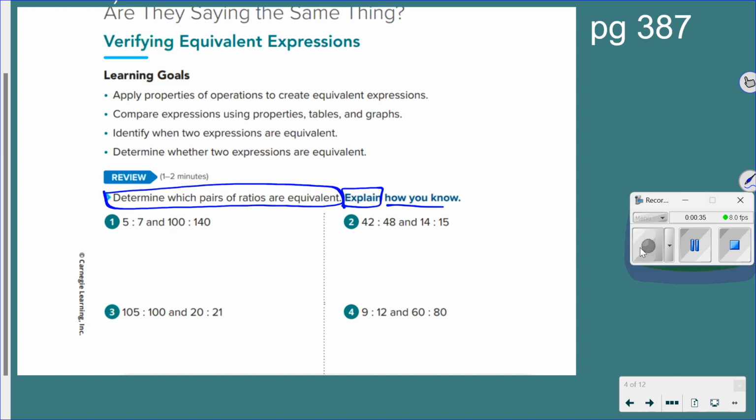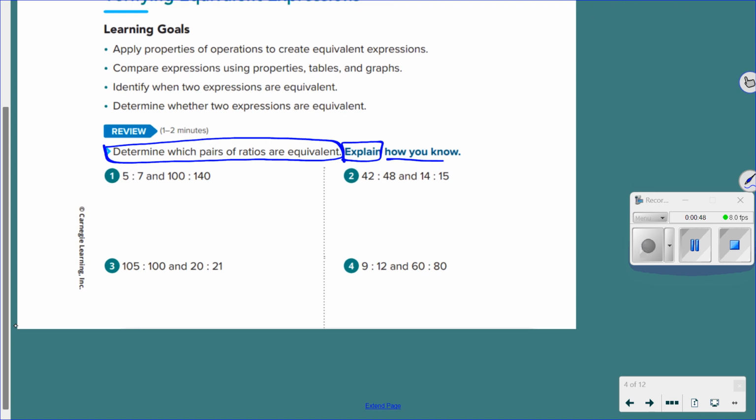Okay, so how do I find whether or not these pair of ratios are equivalent? Who can tell me what I should do? Guys, we have done this so many times. Lucas? I think I know what you're saying, but I'm going to do it this way, which is similar.